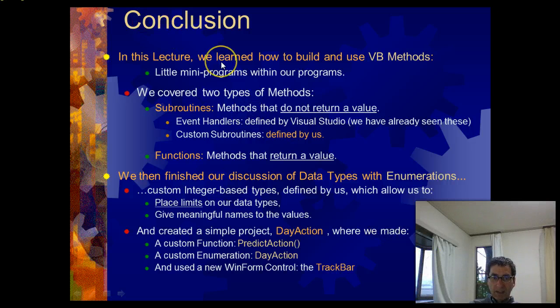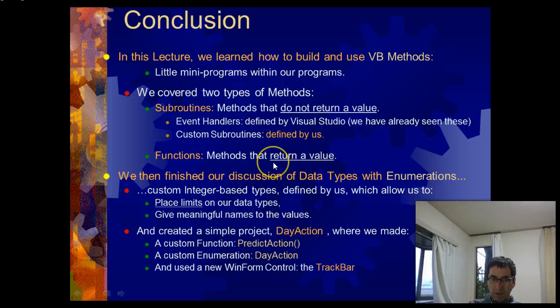Okay, conclusion. In this lecture, we learned how to build and use VB methods, which are little mini programs within our programs. We covered two types of methods: subroutines, methods that do not return a value; event handlers, defined by Visual Studio, are subroutines, or we can build our own subroutines; and then functions, methods that return a value.